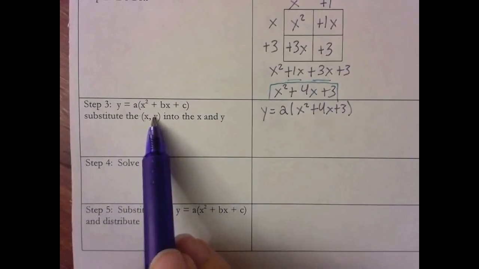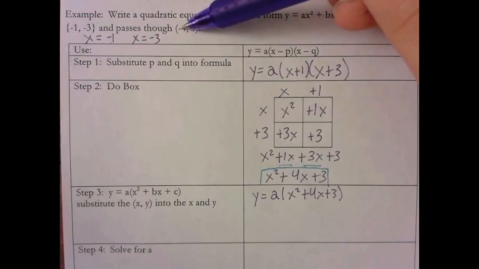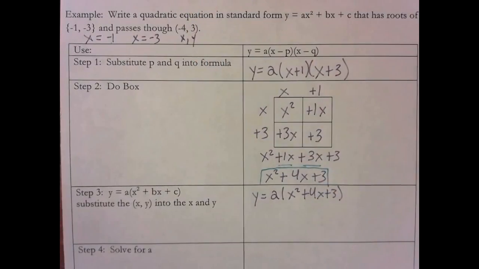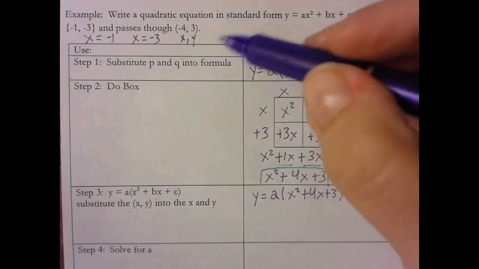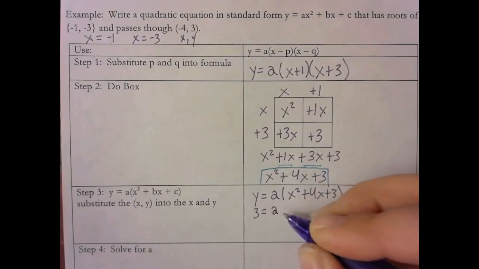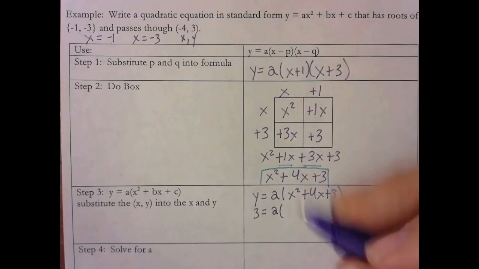Here's what I mean by substitute the x and y in. We're told we want to go through the point negative 4, 3. Well, reminder, that's our x and our y. So anywhere I see y, I'm going to write a 3. And anywhere I see x, I'm going to write a negative 4.